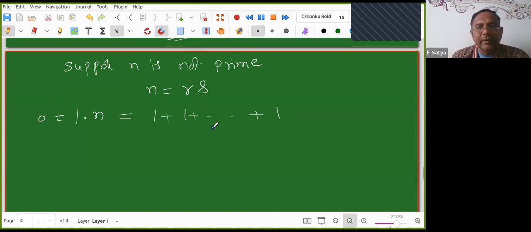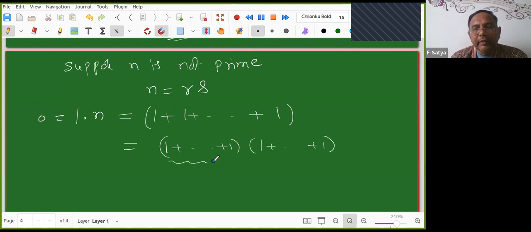Even many teachers will write directly r into 1, s into 1, but many people do not realize exactly what is going on. So first we need to write it like this. By the distributive and associative property, here how many ones? r ones. Here how many ones? s ones. Is it clear?